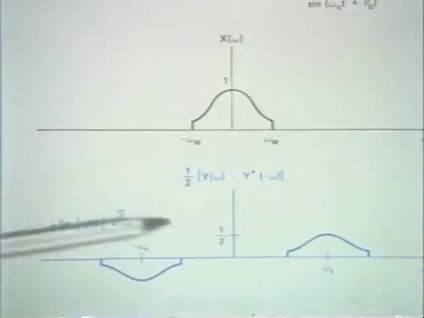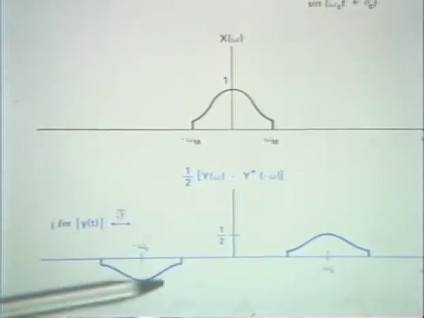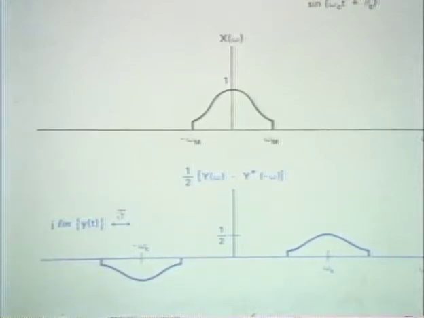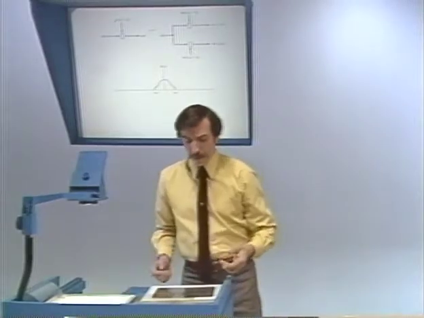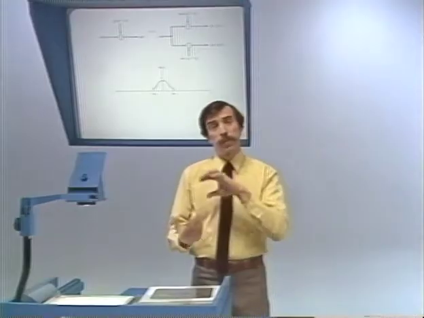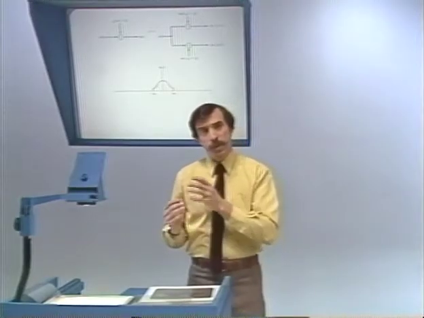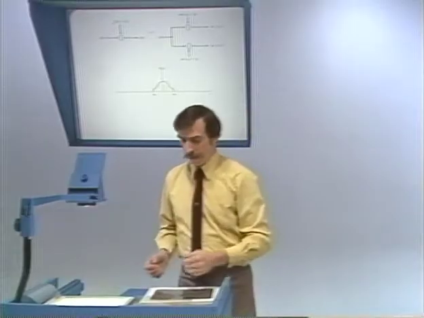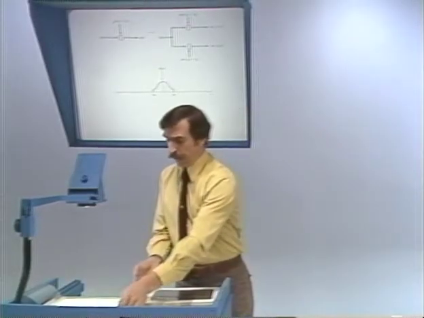And so in effect, when you add them, this portion of the spectrum will cancel out. So in effect, what we're doing is building the complex signal out of two real signals, or we're building the spectrum of the complex signal out of separate lines that represent the even and the odd parts.